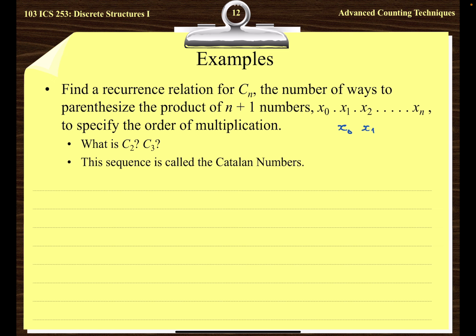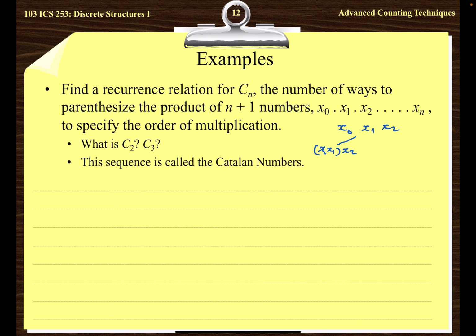x1, x2. Now, what are the different parenthesizations with which I can carry out this multiplication? x0 x1, right? And then you multiply by x2, right?